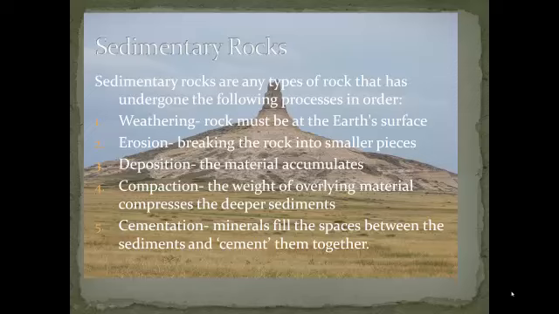The fourth thing that happens is compaction. As this material settles out or deposits, it compresses the stuff that's on the bottom. It starts layering out, layering out, layering out. And then the fifth step is what's called cementation. That's where as the material compacts, minerals will work their way into the spaces between the sediments and cement or glue them together.